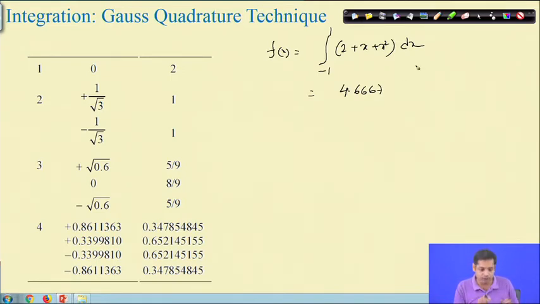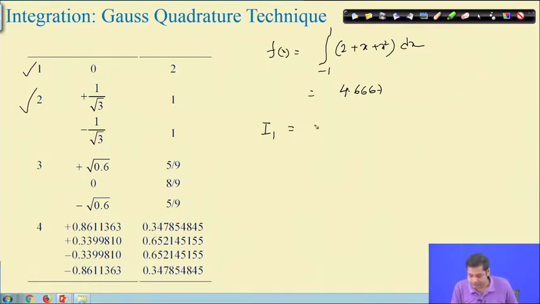Now, let us do it using the Gauss quadrature technique. First, we use the 1-point Gauss quadrature, and then we'll see 2-point Gauss quadrature. 1-point Gauss quadrature tells you that I1, the 1-point Gauss quadrature, is equal to the function value calculated at x equal to 0.